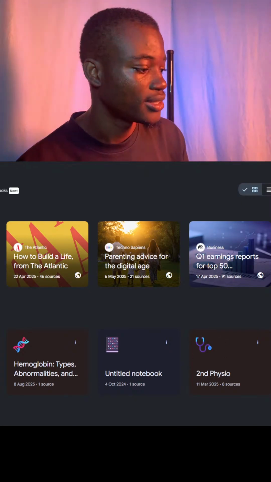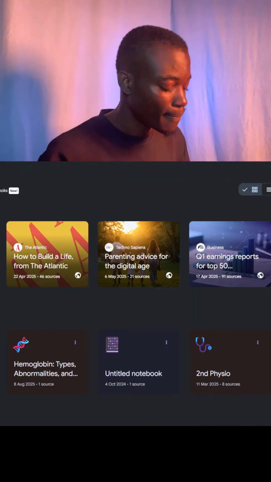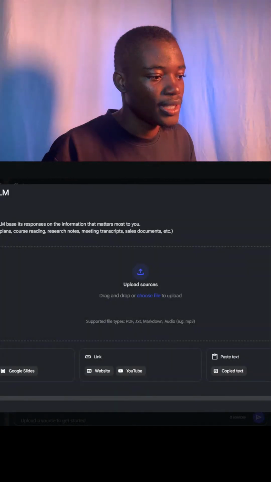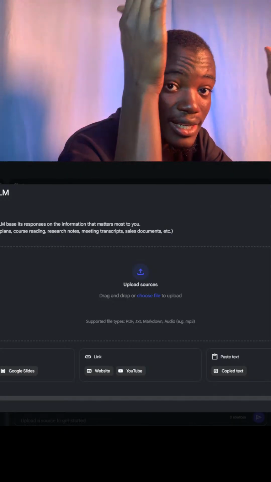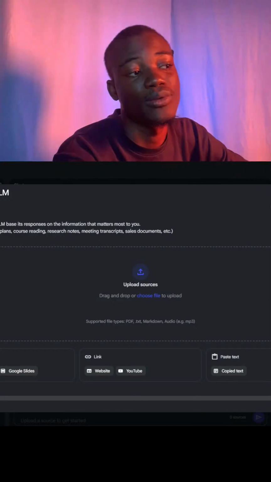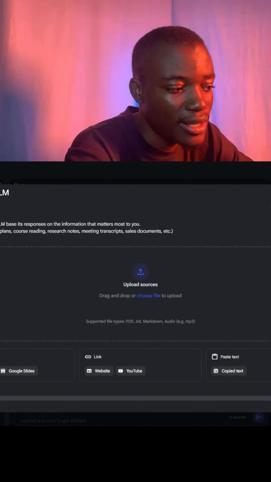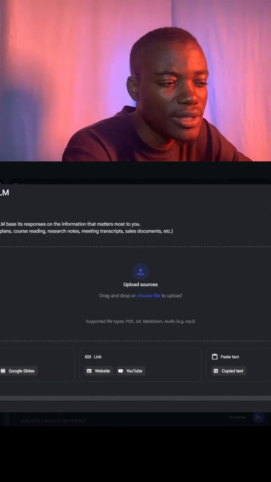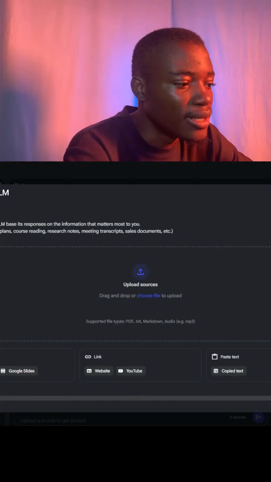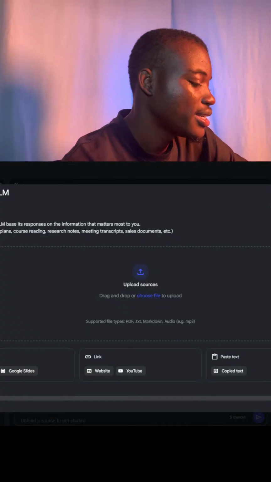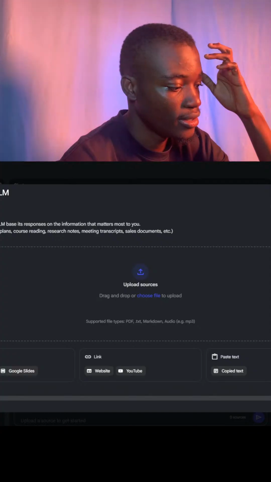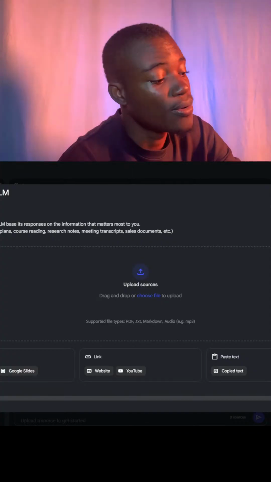So let's get on it. I'm going to create a new notebook. It's quite simple: you just drop in the source of the information you want to provide it with, and then it's going to summarize it for you and tell you what is in that material. As you can see here, you can upload from your Google Drive, your Google Docs, or your Google Slides.